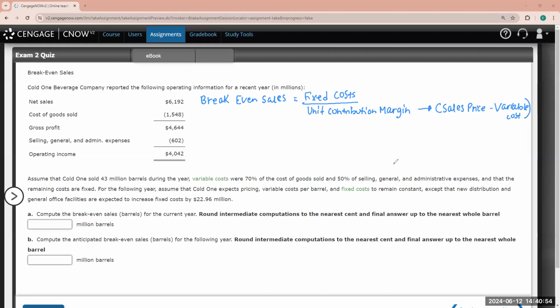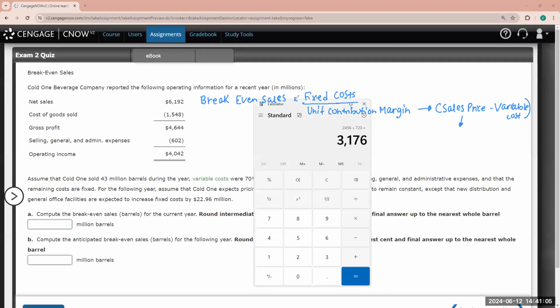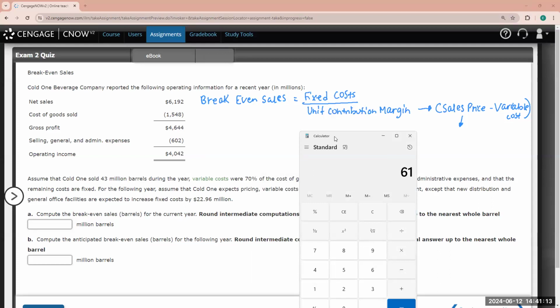So in this example, there's some extra work that we need to do, but first things first, we need to determine what is our sales price for the unit. So in order for us to determine the sales price for the unit, we're going to use logic. So here we see that the net sales was 6,192,000. So we'll just do 6,192. And then it lets us know that we sold 43 million barrels. So if we divide our total net sales by the barrels sold, that lets us know that for each unit that we sold, it costs $1.44 per unit.